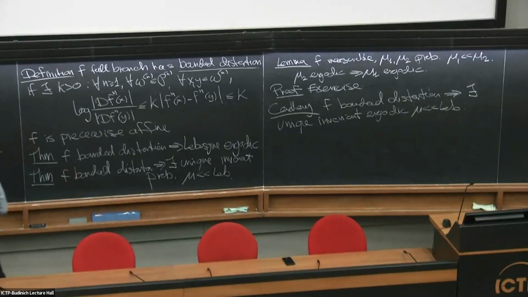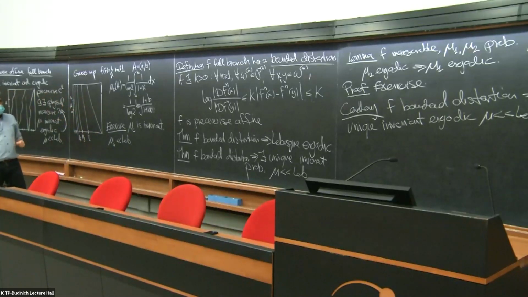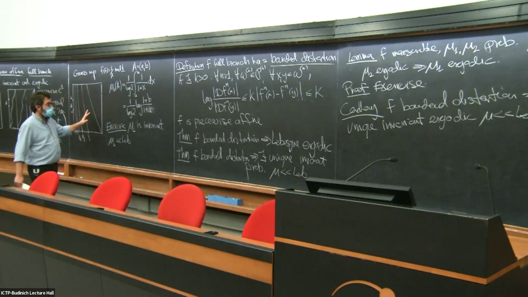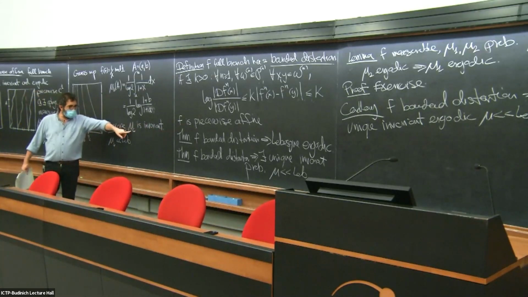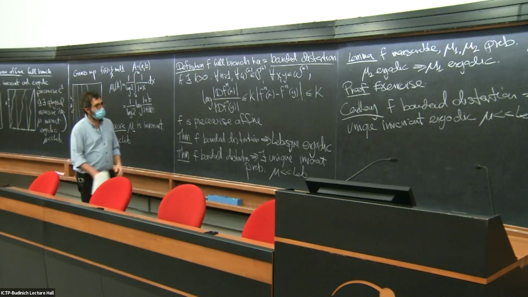For example, so far the results on the board still do not imply that this Gauss measure is ergodic, because we haven't checked the bounded distortion. So we know that we have this invariant measure that is absolutely continuous. If we can show that this satisfies the bounded distortion property, then by this first theorem, Lebesgue measure is ergodic, and this implies that this measure, which is invariant and absolutely continuous, is also ergodic by the lemma.